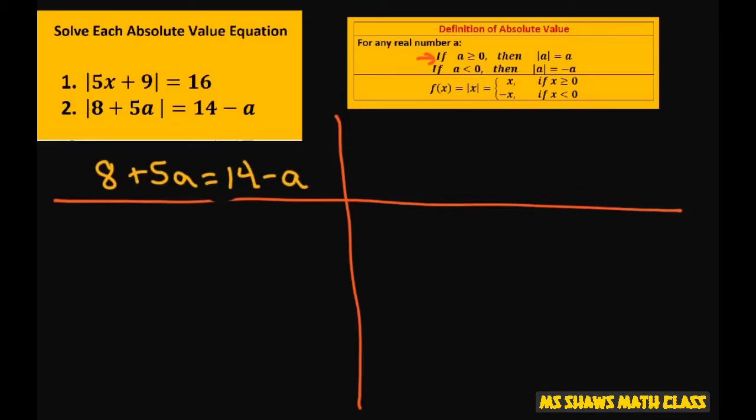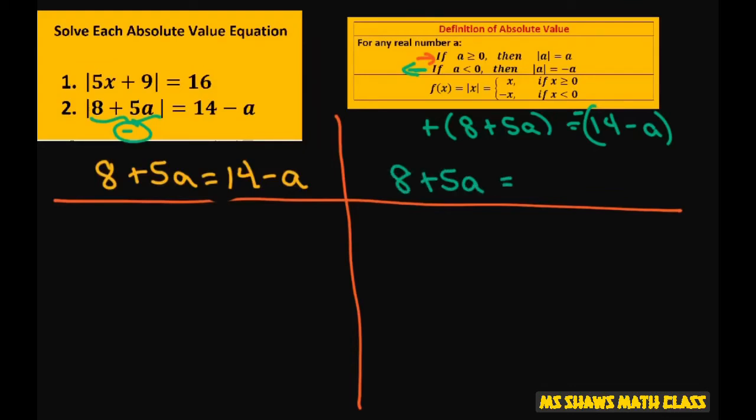And for the second one, which is the harder one, that means what if this is negative? So that would be negative (8 plus 5a) equals 14 minus a. Or you could actually negate everything and make that positive and make this negative. So that would be 8 plus 5a equals negative 14 minus a.